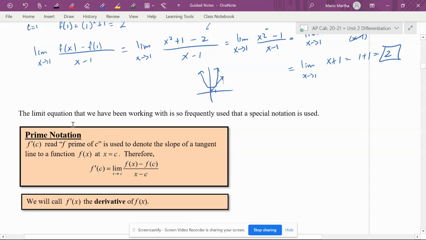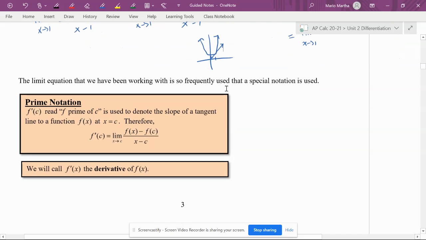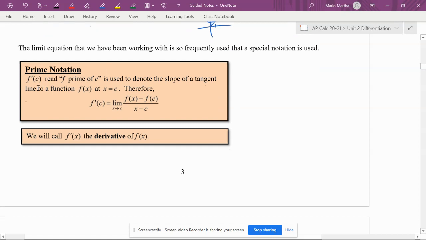Now, the limit equation that we've been working with is so frequently used that a special notation is used. We call that the prime notation. F prime of c is used to denote the slope of a tangent line to a function f of x at x equals c. Therefore, f prime of c is equal to the limit as x approaches c of f of x minus f of c over x minus c.